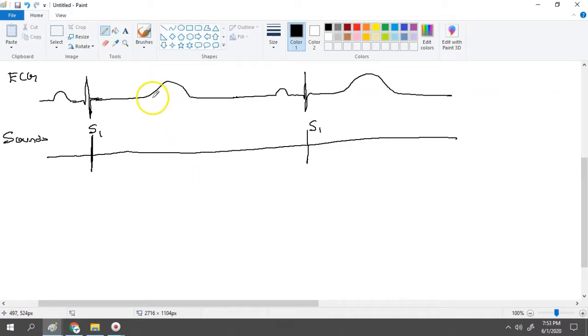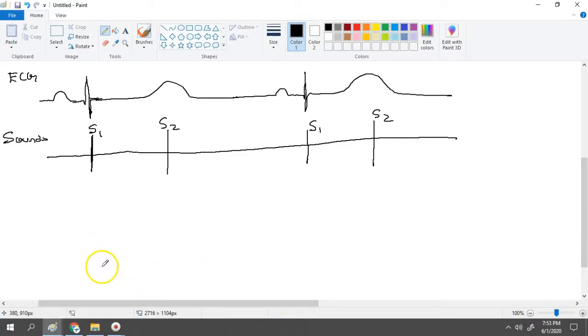So ventricular repolarization starts here, the ventricle starts relaxing at this point, and the pressure in the ventricle becomes less than the pressure in the aorta somewhere around here, the middle of the T wave. At that point, the aortic valve closes and produces the S2.